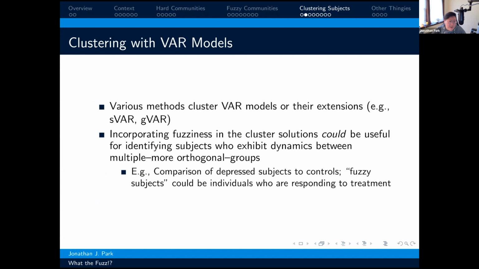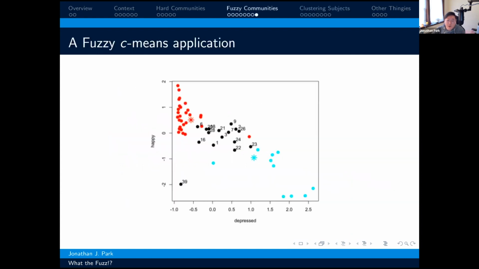And the argument that I have for this section is that incorporating fuzziness into the solutions could be useful for identifying people who exhibit dynamics that are kind of in between groups of people. So what that might mean, I'm not too sure. I think in my example, it's kind of drawing from this, even though this was on a cross-section of the data, is that if we have dynamics that are characteristic of depressives and dynamics that are characteristic of controls, then these folks might be exhibiting dynamics of recovery.